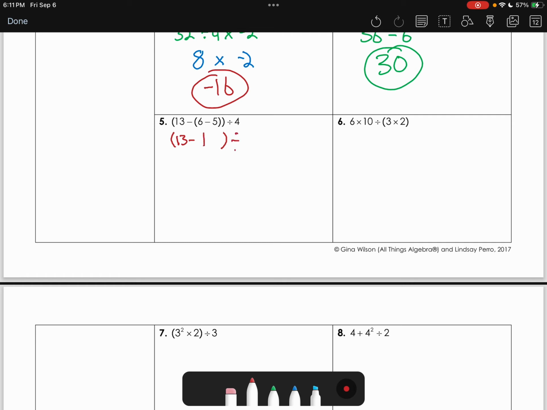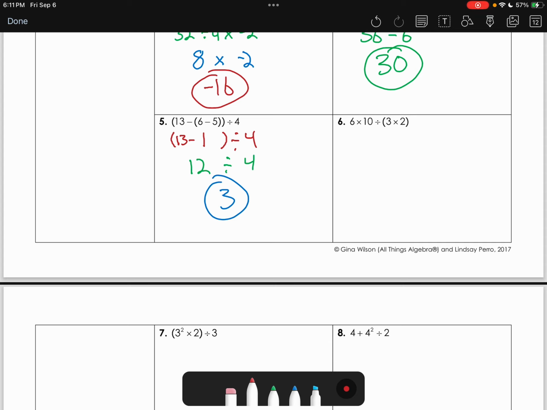And don't forget about our division symbol and our 4. All right, 13 minus 1 will get us to 12. And we lose the parentheses at that point. Move our division symbol down. And our 4, 12 divided by 4, because that's the only thing left to do. And that will get us to 3. That's our answer.